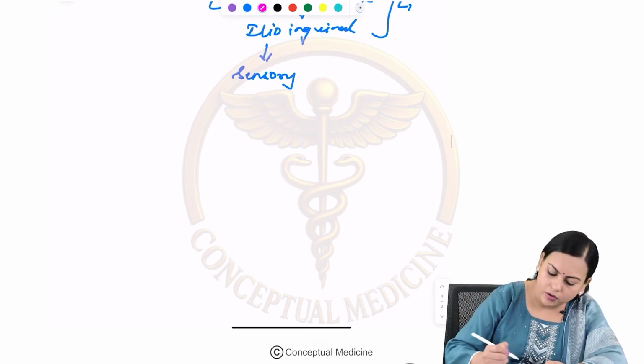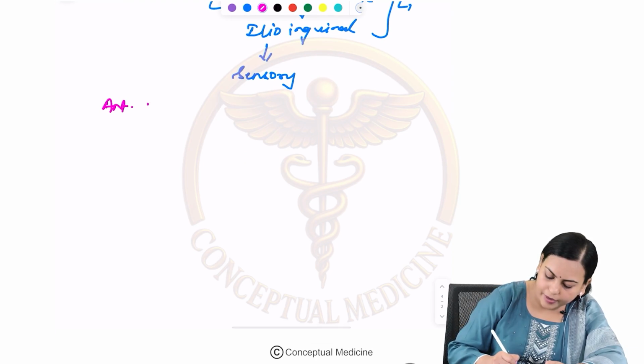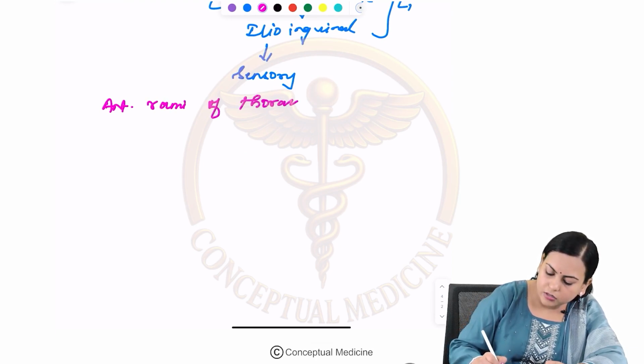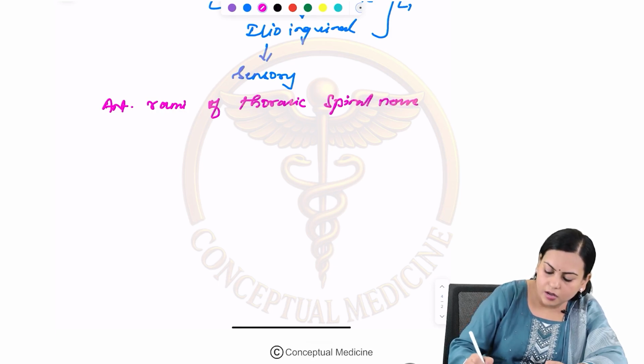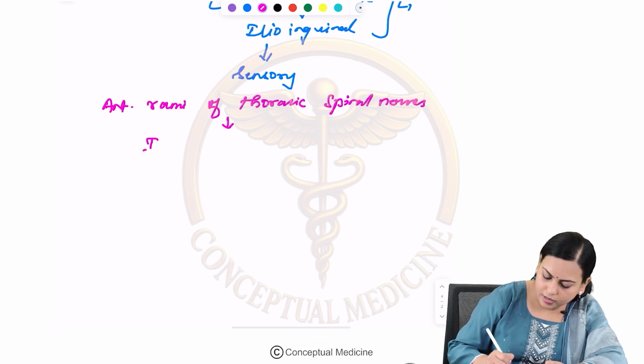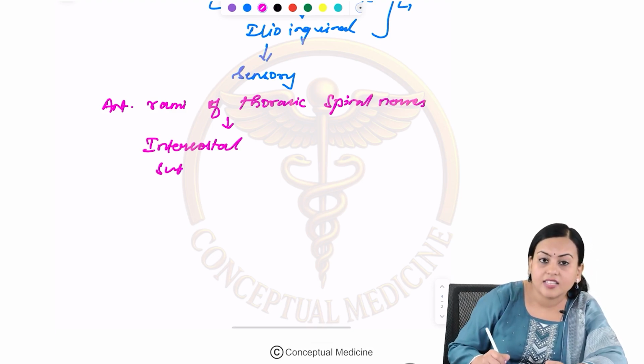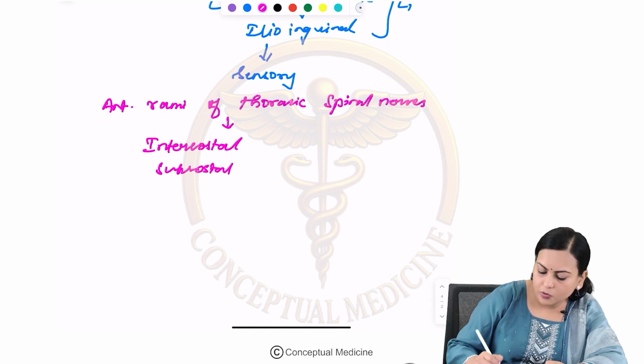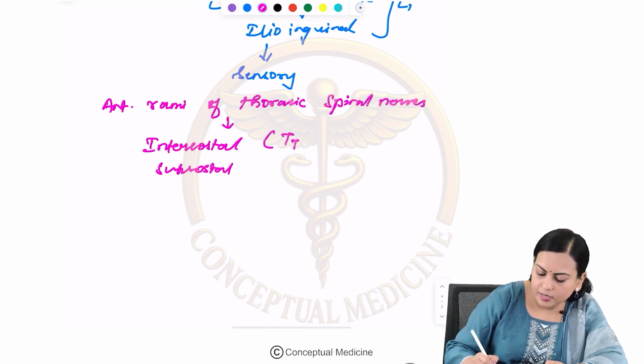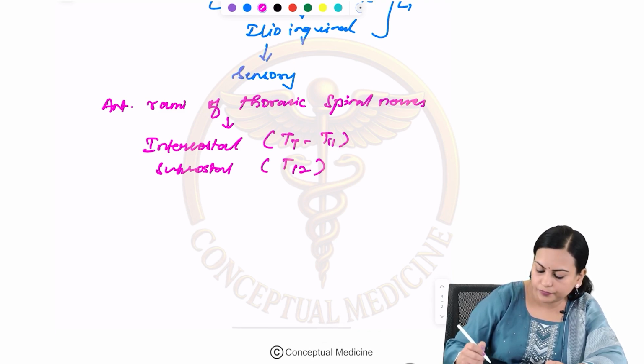Also, from the anterior rami of thoracic spinal nerves, you will get intercostal nerves and subcostal nerves, whose root value is between T7 to T11 and T12.